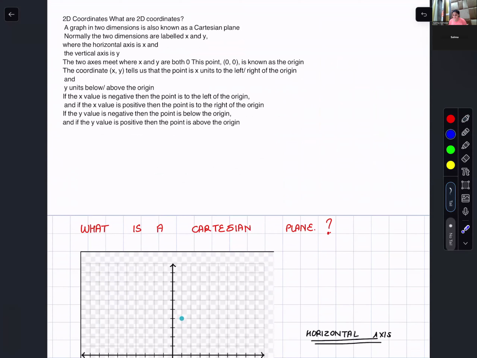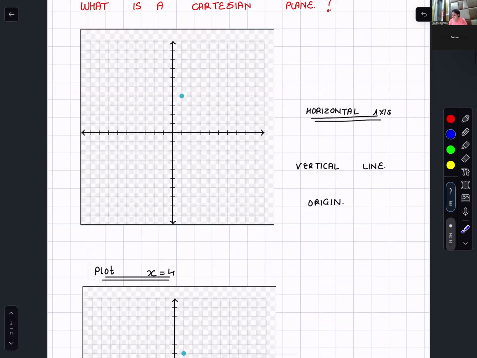It is a graph in 2 dimensions, the horizontal line and the vertical line, which are labeled as x and y.